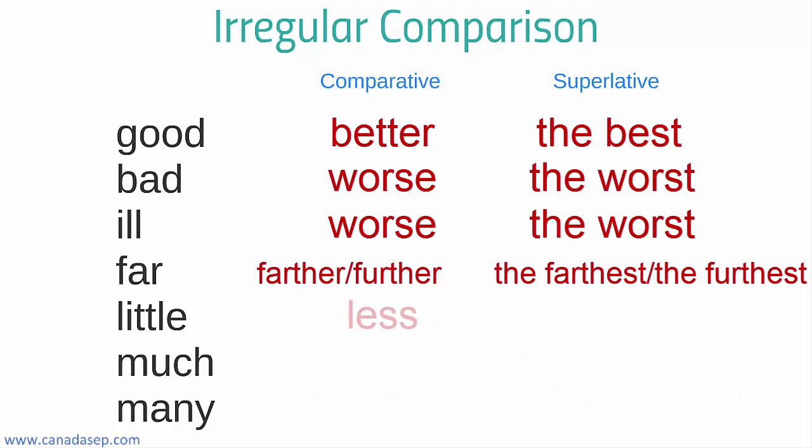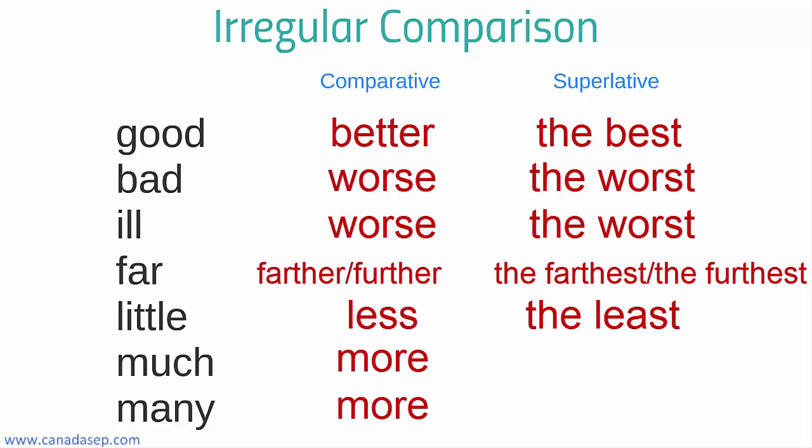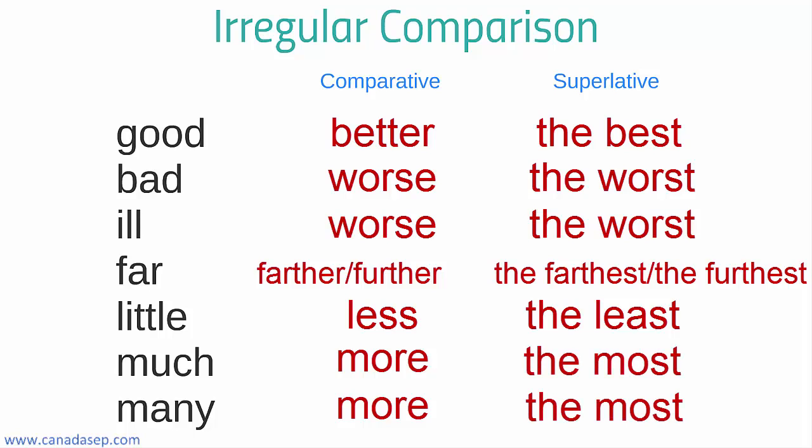The comparative form of little, as you can see, is less, and the superlative form is the least. Both much and many have the comparative form of more and the superlative form of the most.